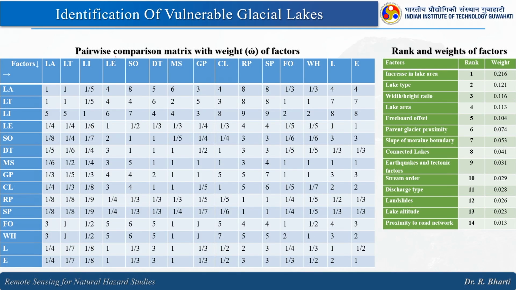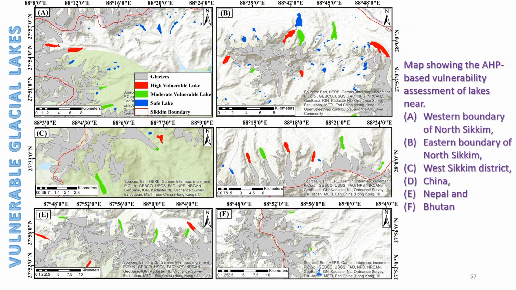Then based on the pairwise comparison matrix with weights of factors, we have ranked the different parameters, and then we have identified their weightage in our analysis. Based on that, we have identified different types of glacial lakes which are highly vulnerable, moderately vulnerable, safe, right.